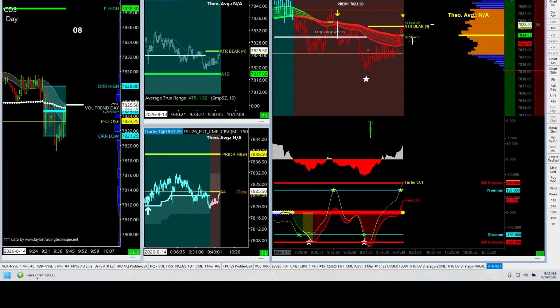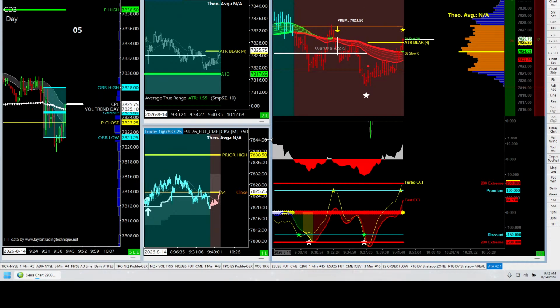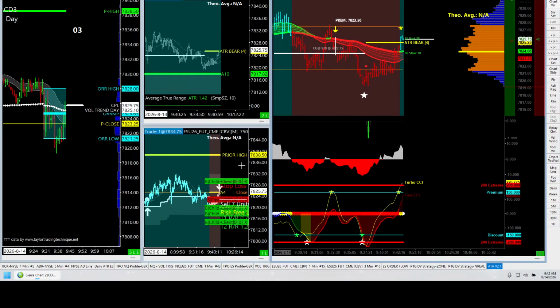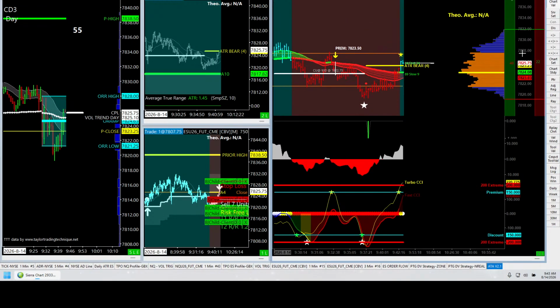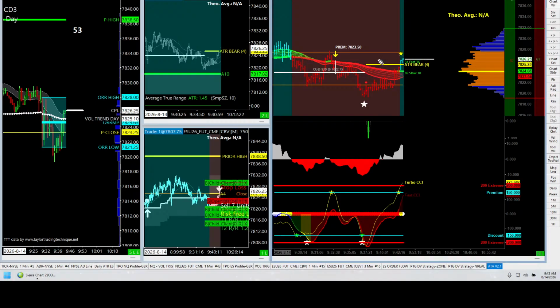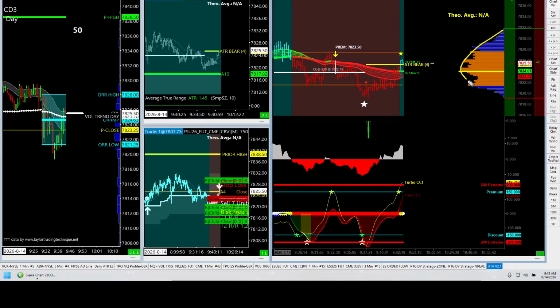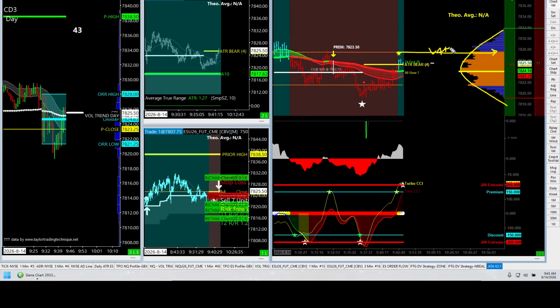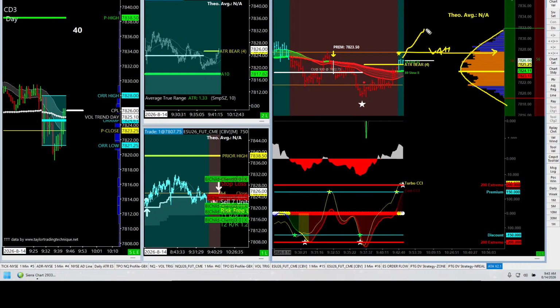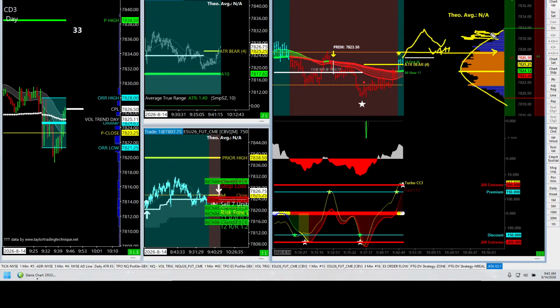All right, right back up into the mid. So what I'm really looking for the market to do to try to get a bit more of an actionable trade out of this is to one, try to clear value high, stay above value high, and then watch some of the volume blossom at the upper edge.